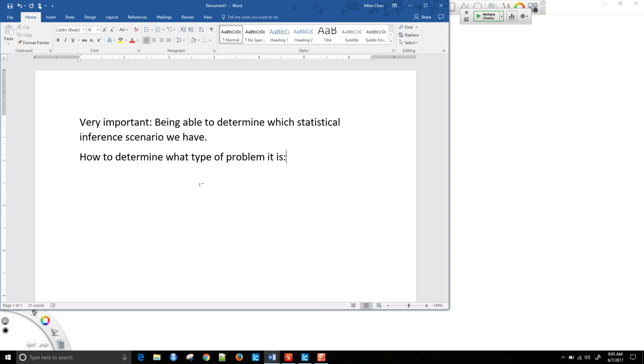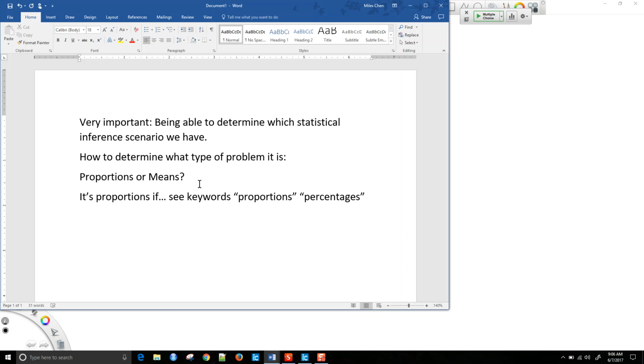Okay, so first you want to decide, am I dealing with proportions or means? Okay, proportions or means. So it's proportions if in the problem it says proportions, okay? We'll say, okay, if you see keywords like proportions, percentages, okay?